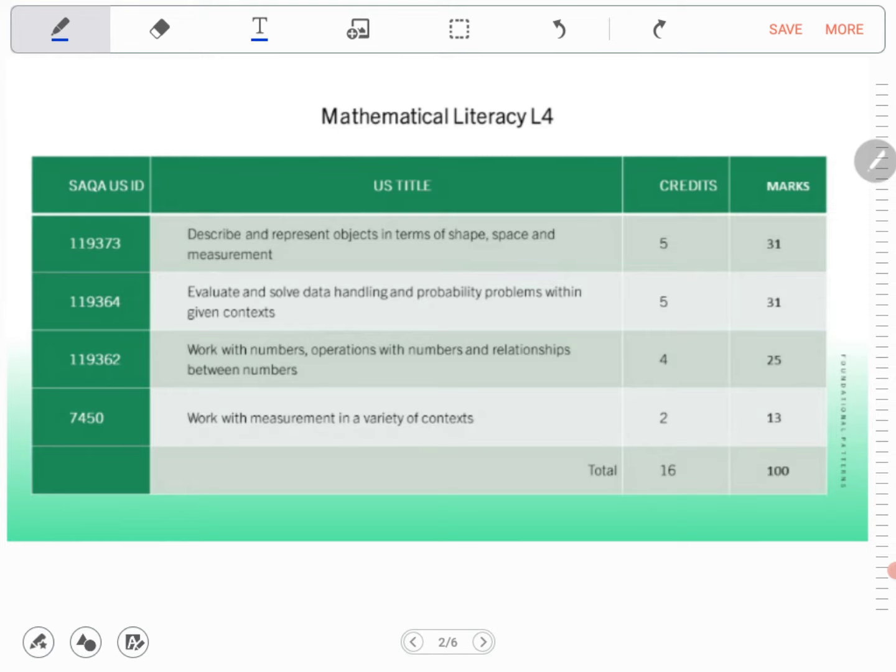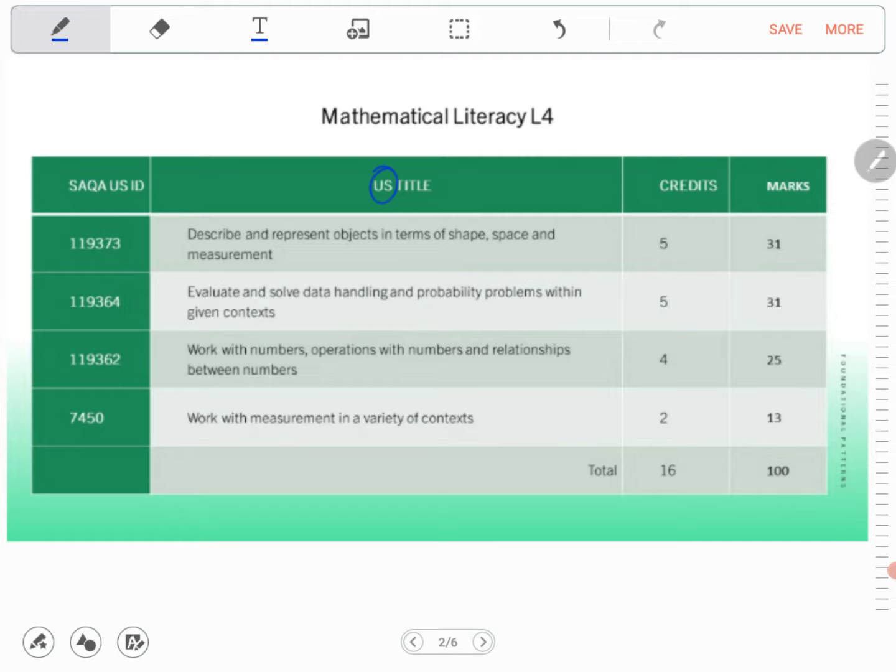In mathematical literacy, we have 4 topics, or what is formally referred to as unit standard titles. So when you see US, it means unit standard. So mathematical literacy is a unit standard based curriculum.